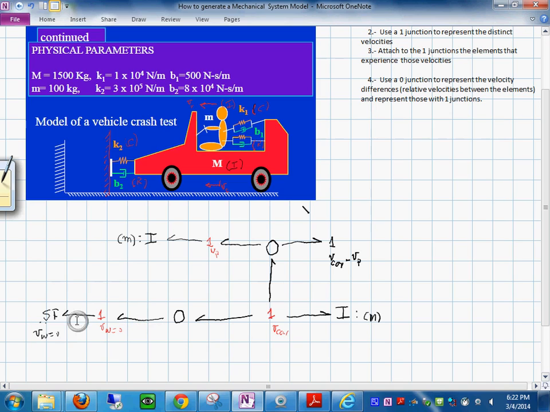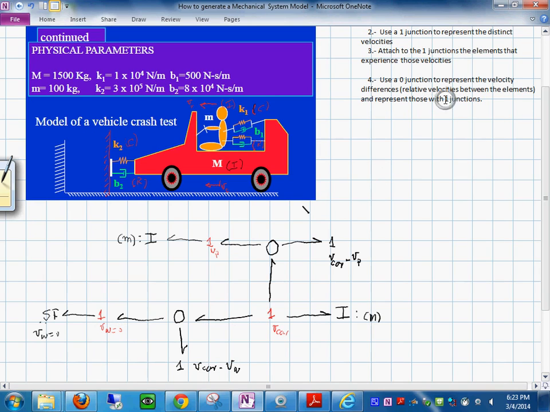Here, we're consistent with the direction. The car is higher than the velocity here, so this is going to be the velocity of the wall. This is the velocity of the car. So the difference with the 1 is going to be v of the car minus v of the wall. Yeah, that is what the step number 4 is saying.